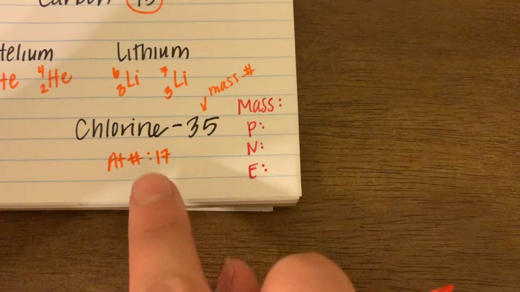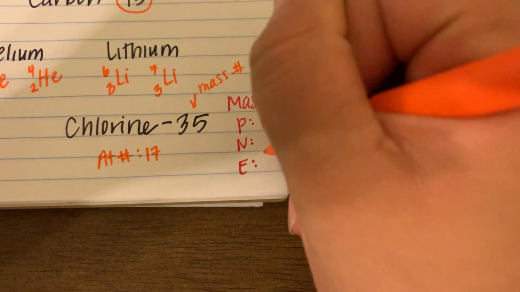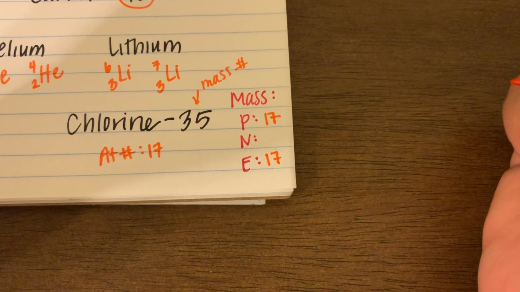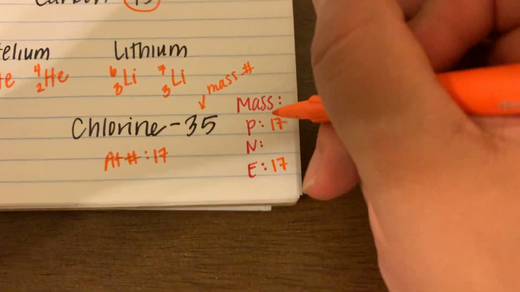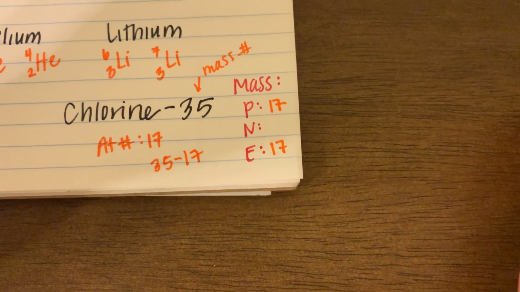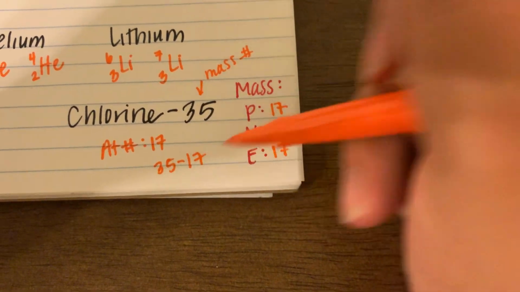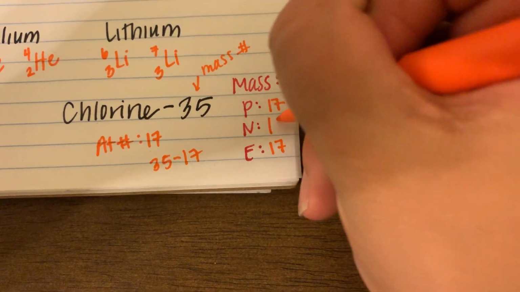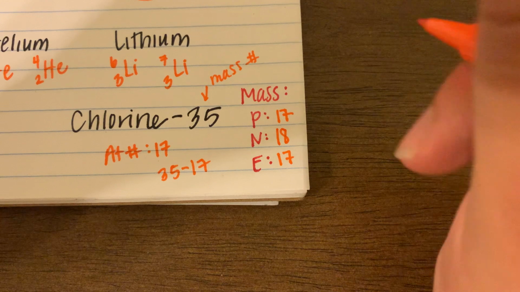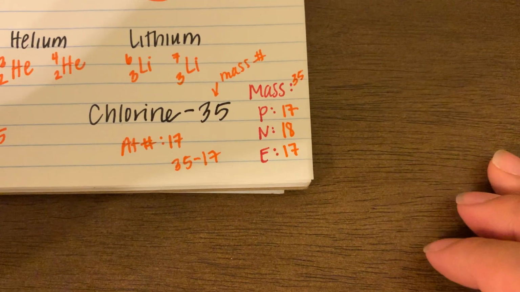So if its atomic number is 17, I automatically know the protons are 17 and the electrons are 17. For neutrons, I'm going to take the mass minus the atomic number, and we get 18 with that. And the mass is obviously 35 because that's given to us, right?